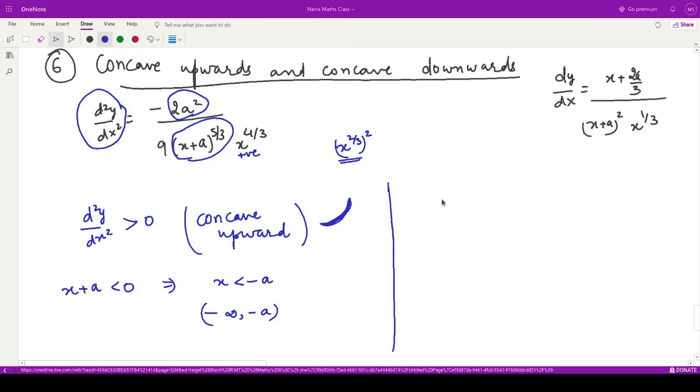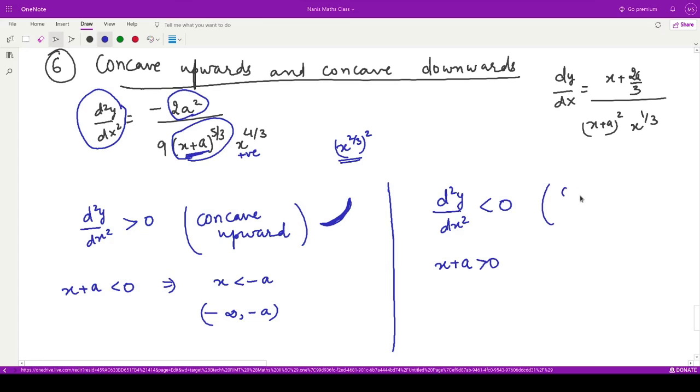So let us see the second case. In second case, this second derivative is strictly less than 0. This is strictly less than 0 when this quantity is positive. If this is positive, we have a negative sign over here, so that overall we have a negative sign. So we have x plus a to be positive in this case, so that d2y by dx2 becomes negative.